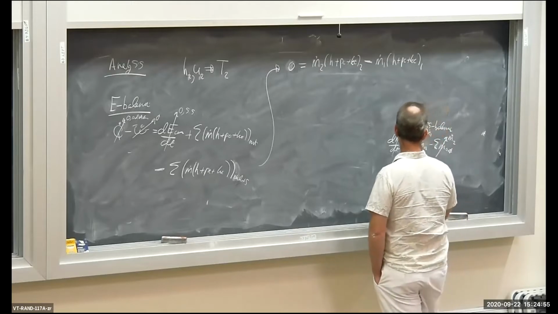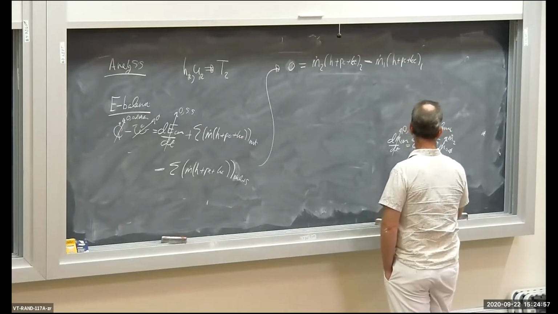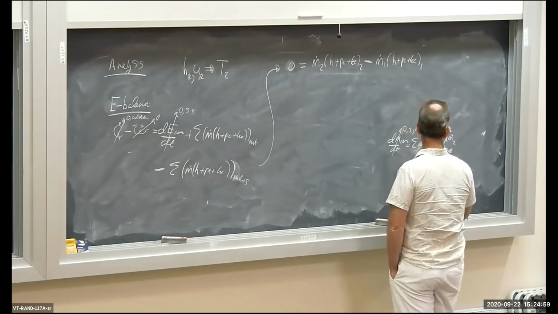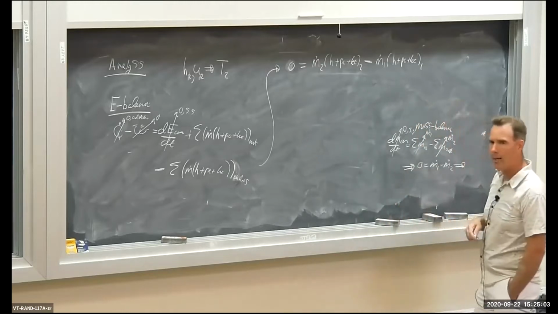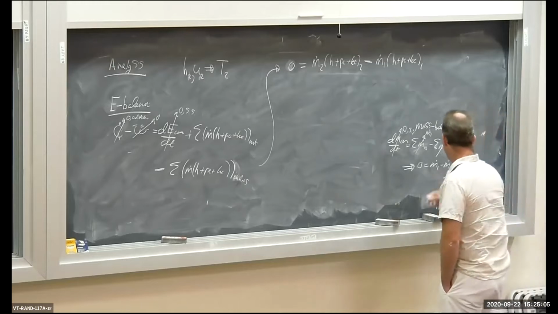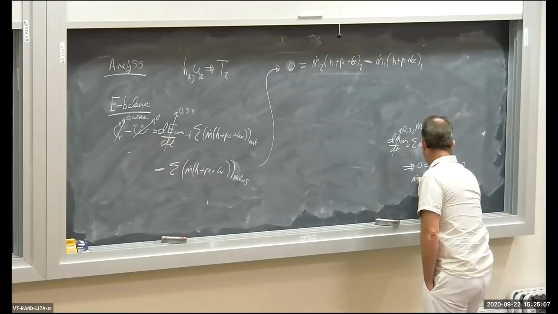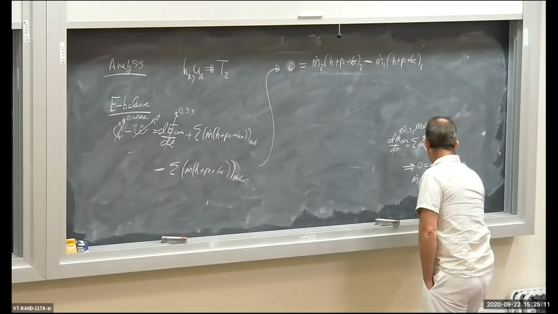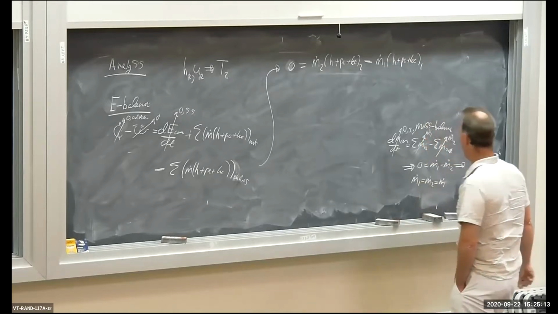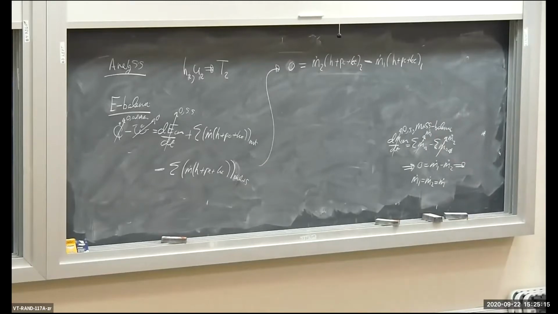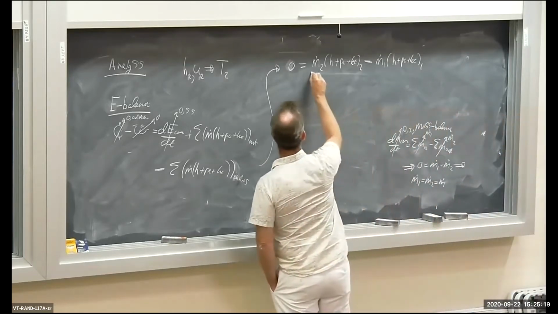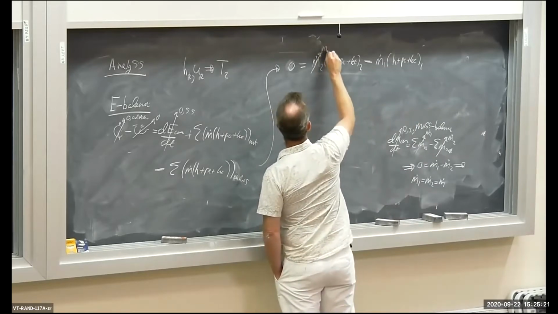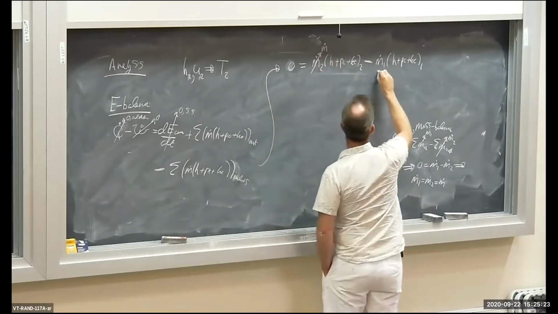So this implies 0 equals m dot 1 minus m dot 2, which implies m dot 1 is equal to m dot 2. The inlet flow is equal to the outlet flow, so I'm just going to call them both m dot. The flows are the same.